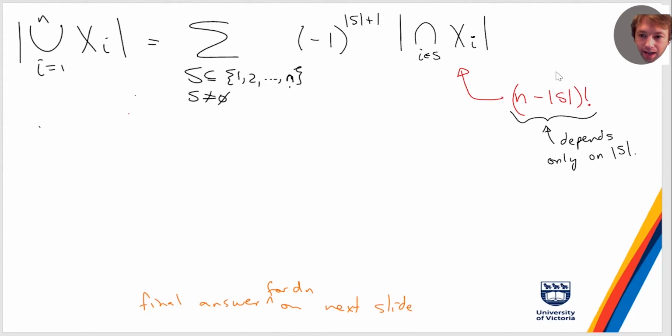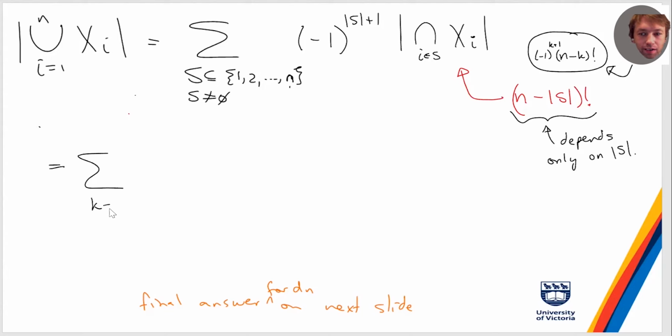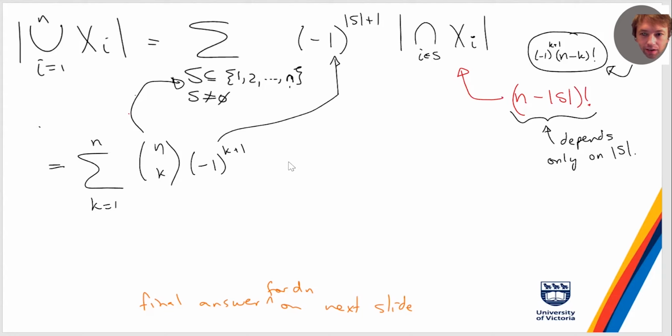If S has size k, you get (n-k) factorial and a (-1)^(k+1). How many sets of size k are there? There's n choose k. So we can write the sum for k equals 1 up to n of n choose k, times (-1)^(k+1), times (n-k) factorial.